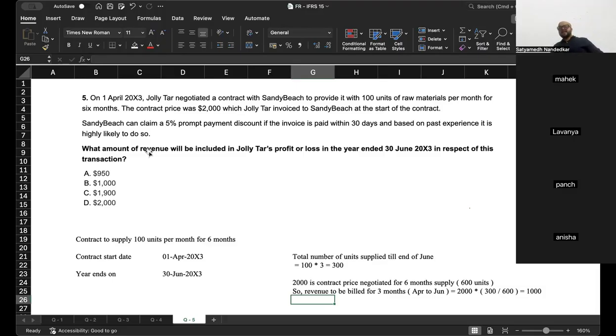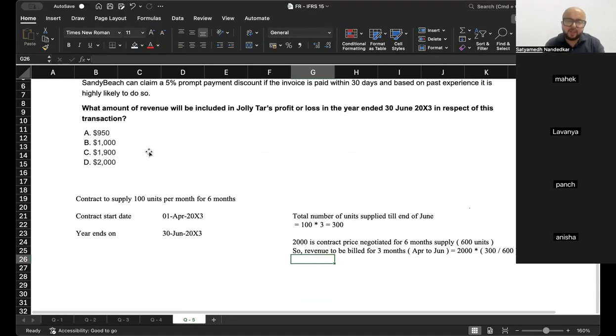If it is highly likely that he will claim the discount, you will record the transaction at the net value.